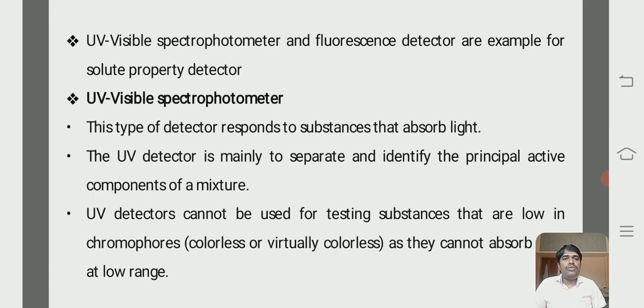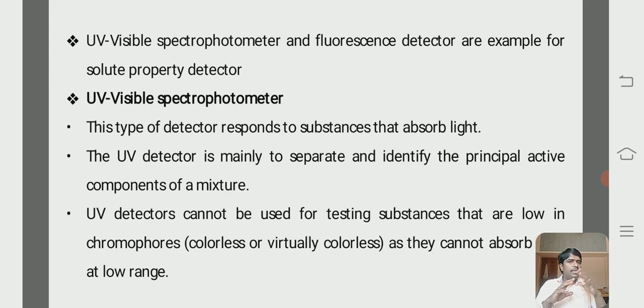First one, UV visible spectrophotometer. This type of detector responds to substances that absorb light. The UV detector is mainly used to separate and identify the principal active components of the mixture.